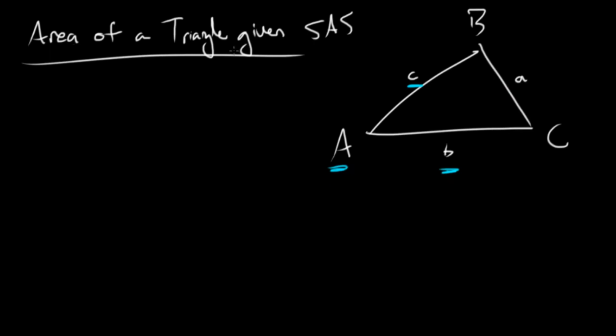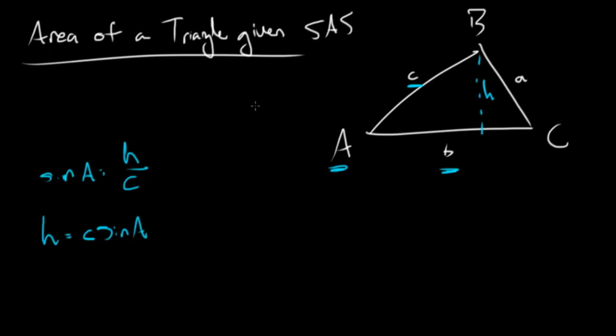All right, so what do we need? We need the height. What is the height? Well, we have A, so sine of A is equal to the thing we want, the height, over another thing that we have, side C. Moving things around a little bit, we get h is equal to c sine A. Cool, that's the height. We are given b.